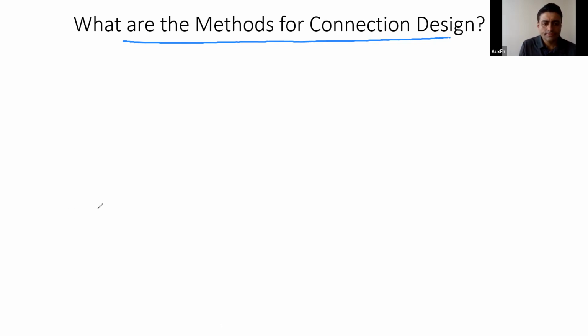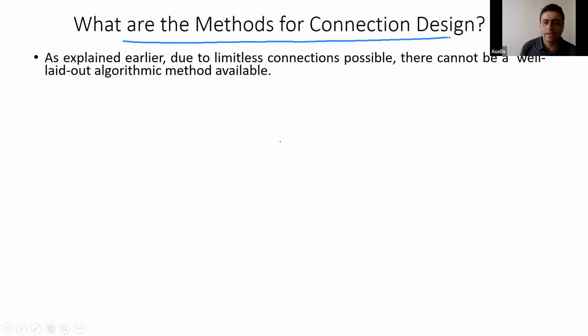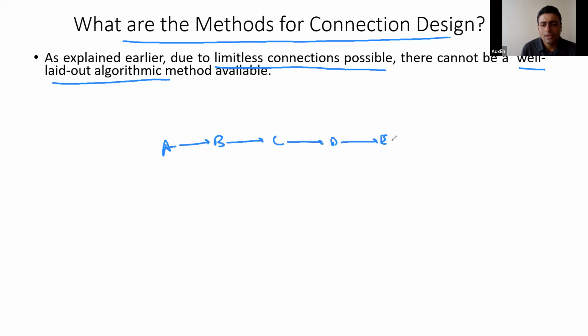Okay, so because the connections possible are limitless, we cannot have a well laid out algorithmic method. Do you understand what is the meaning of well laid out algorithmic method? It means that you follow step A, then you go to step B, step C, step D, step E, and then you finish.